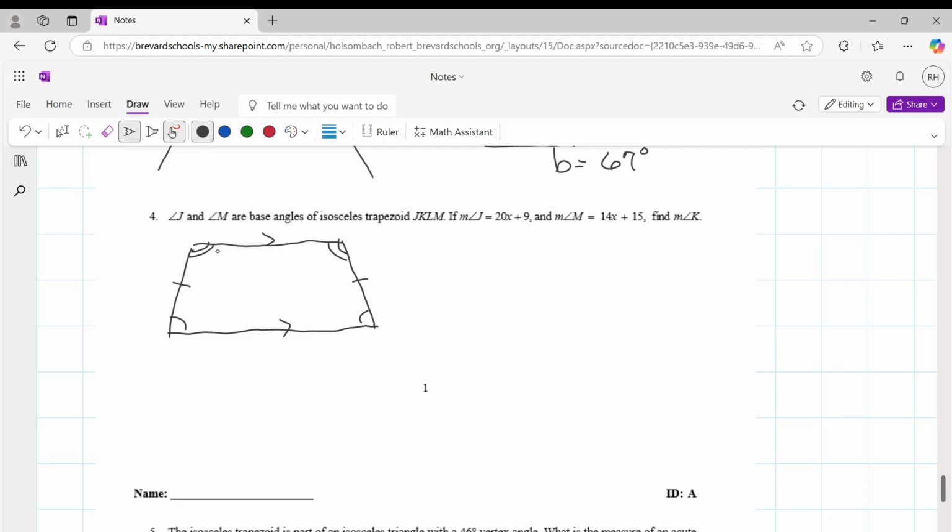So we've got two pairs of base angles, the pair on the top, the pair on the bottom. The question says that J and M are base angles.